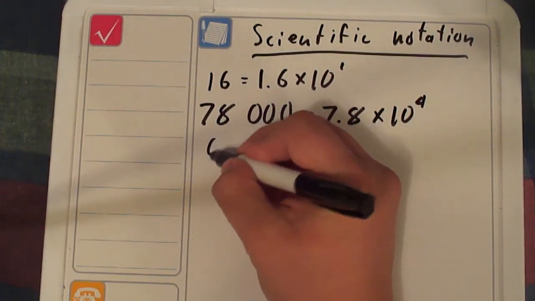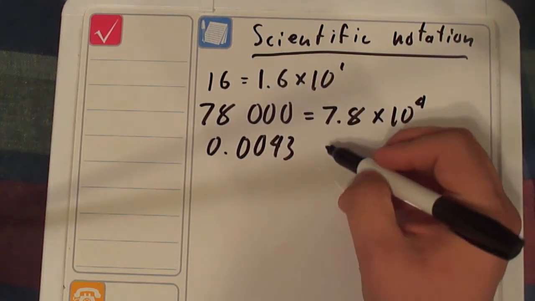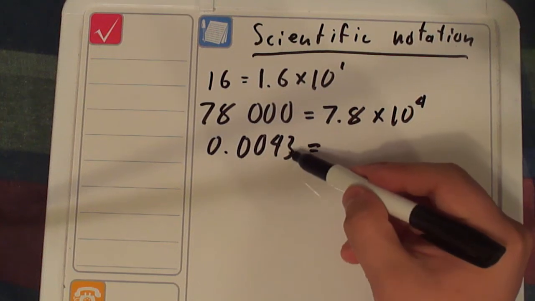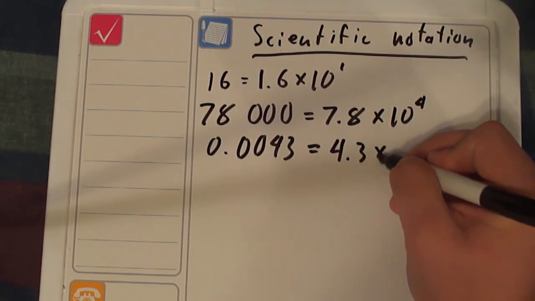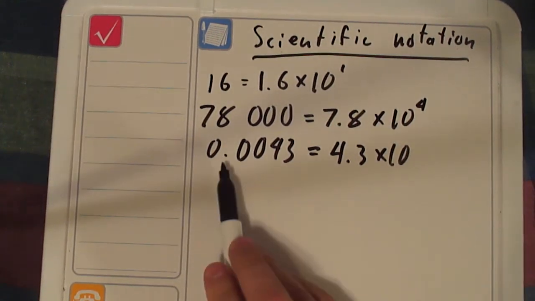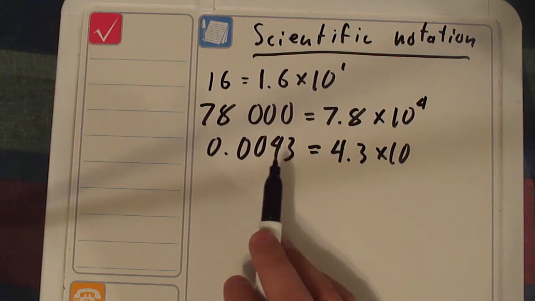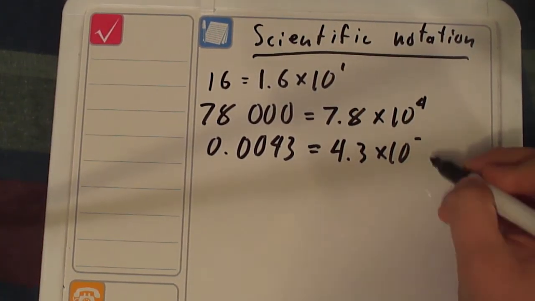Let's go the other way. 0.0043. Okay, so I have a 4 and a 3. Let's go 4.3 times 10 to the, since it's a decimal number, it's getting really small. This is actually going to be a negative exponent.